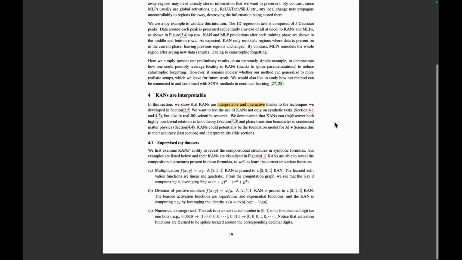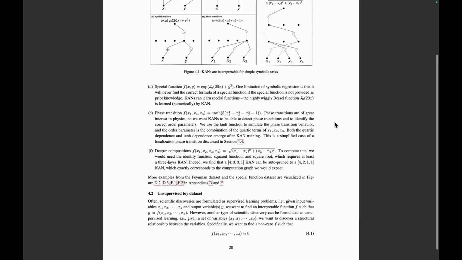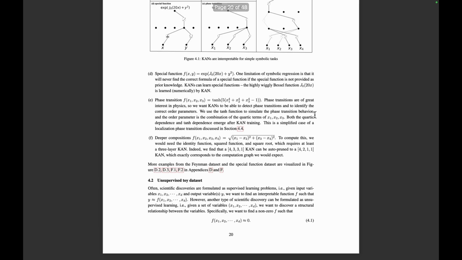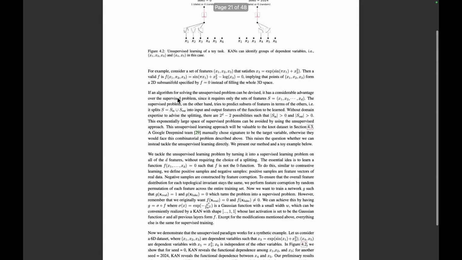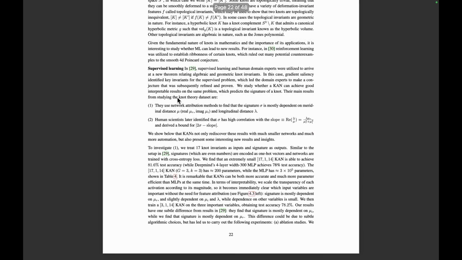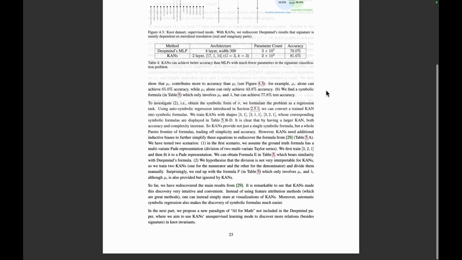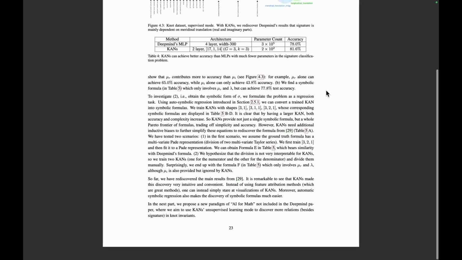So on top of these experiments, they have done quite a few experiments to show that KANs are interpretable. So they used a supervised toy dataset and then an unsupervised toy dataset, and they've also done experiments on mathematical applications such as knot theory, and they've got some experiments on physics as well.